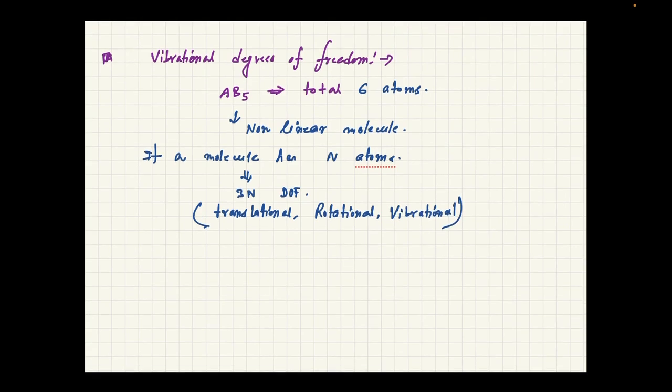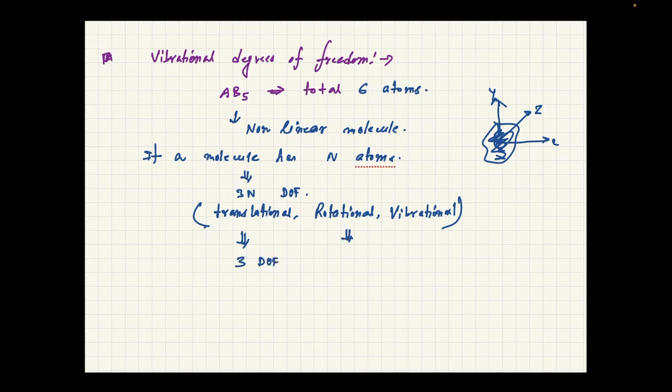Okay, so translational, for a particular molecule, let's say this is a non-linear molecule. Translation means it can go along the x direction, along y, or along z, right? So in 3 independent directions it can translate. So there will be 3 translational degrees of freedom.